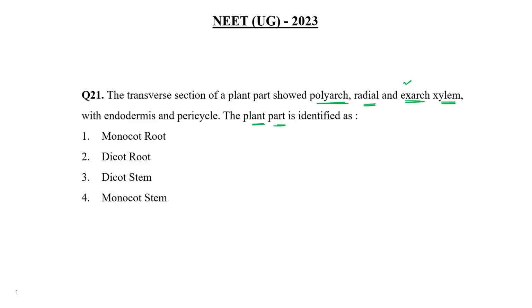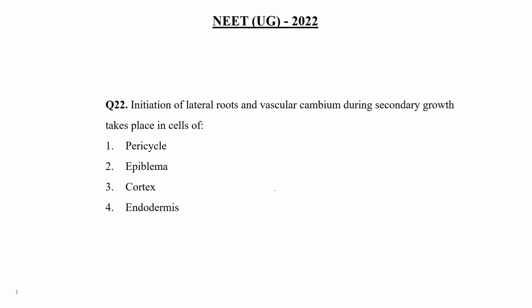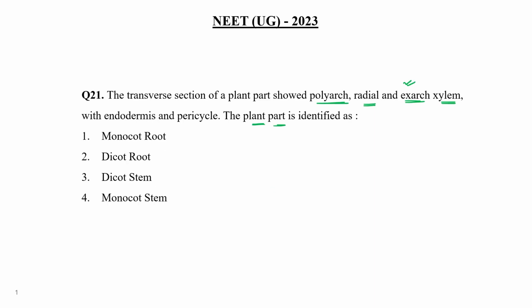Here they have mentioned exarch. So many times I have given you the clue how to analyze exarch position and endarch position. Okay. So exarch means Rx, root for exarch.